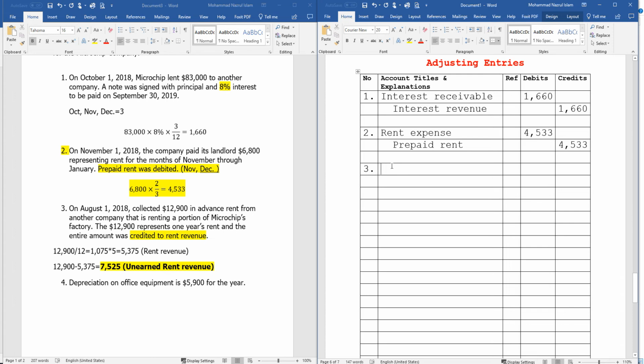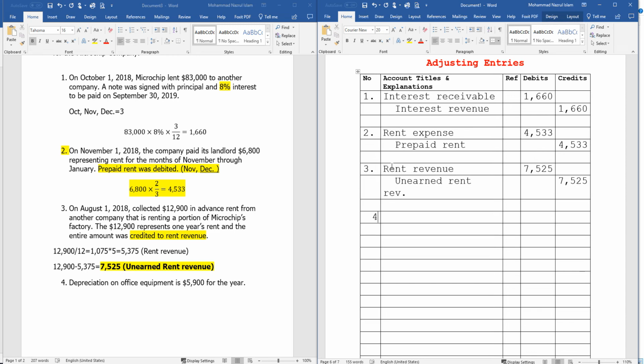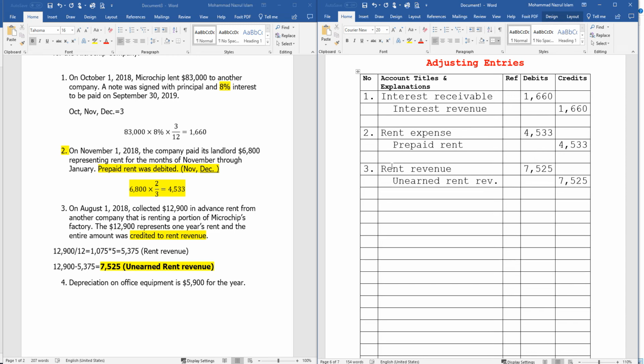So now rent revenue, we are decreasing, we are adjusting the rent revenue, this amount 7,525. Okay, and the remaining amount is unearned rent revenue. Okay, see that this is unearned rent revenue.